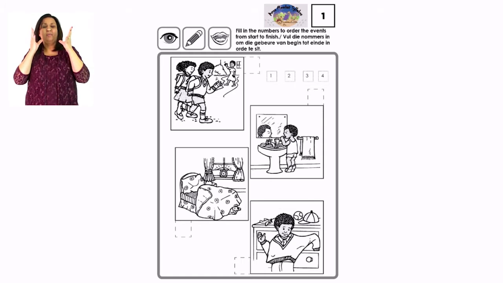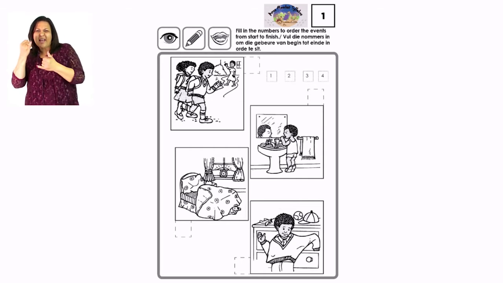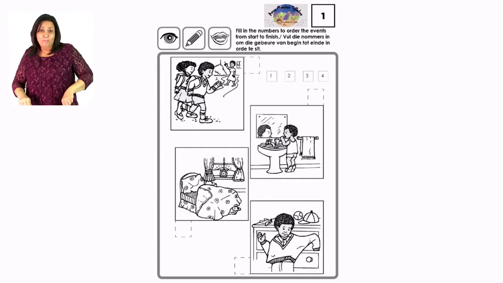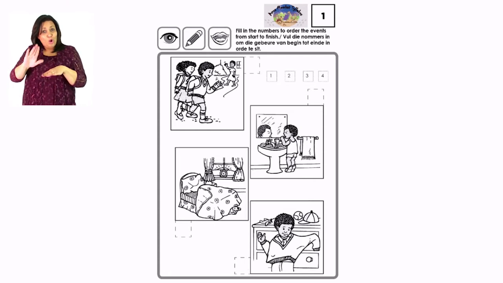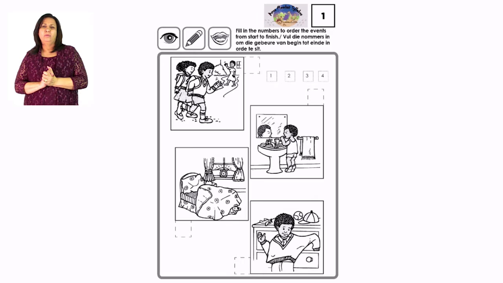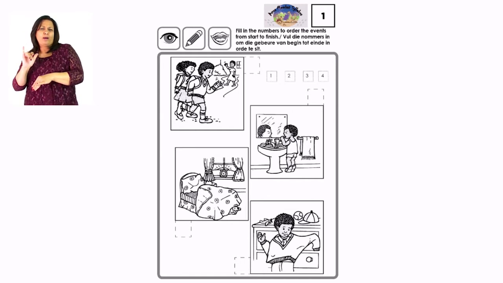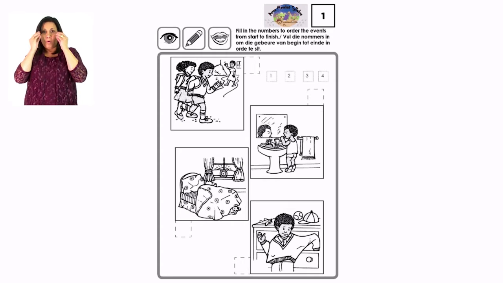Let's look at the last picture right at the end of the page. The little boy is getting dressed. It means the boy is getting ready to go to school. Now we need to put the order of the events. When you wake up to go to school, what happens first?